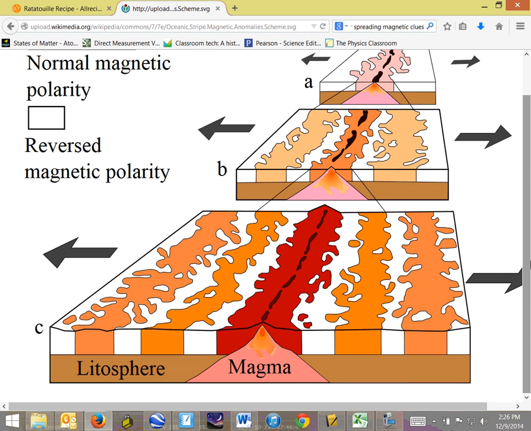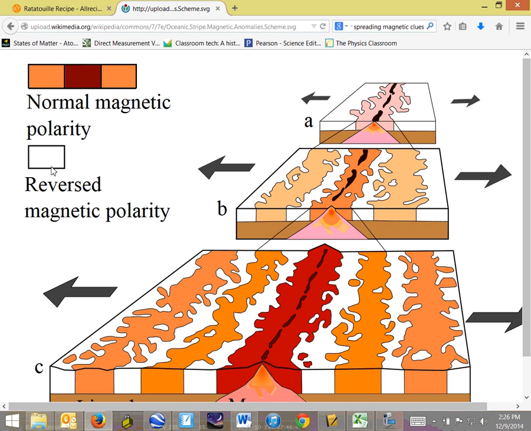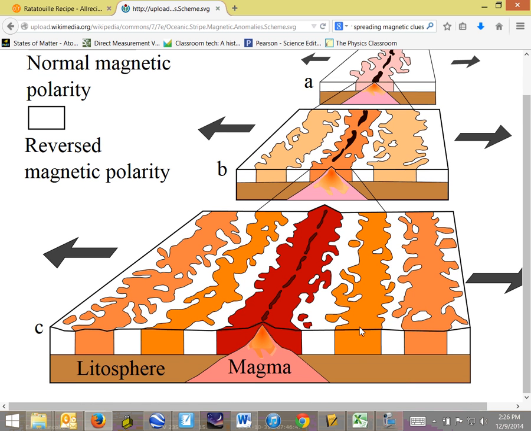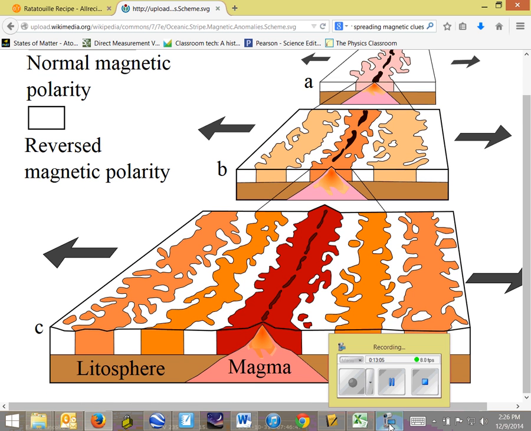As you can see here, the seafloor has different polarity. These white lines are reversed. That means it's flipped the other way around, and we have these alternating bands that are the same age. Okay, so polarity and age evidence show good signs of seafloor spreading.